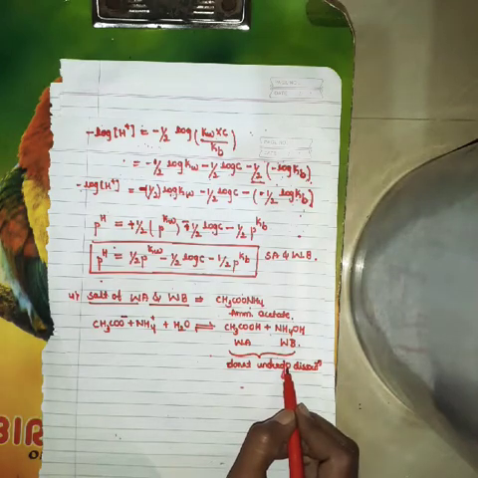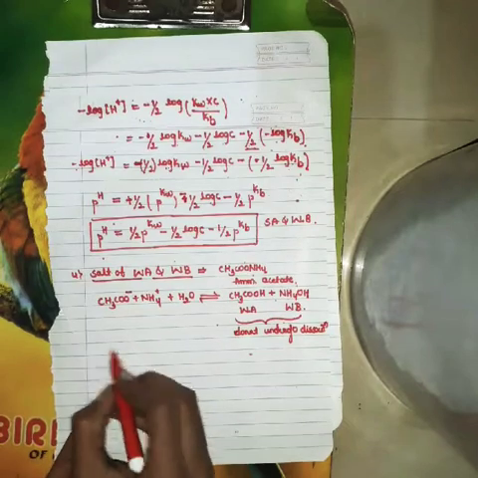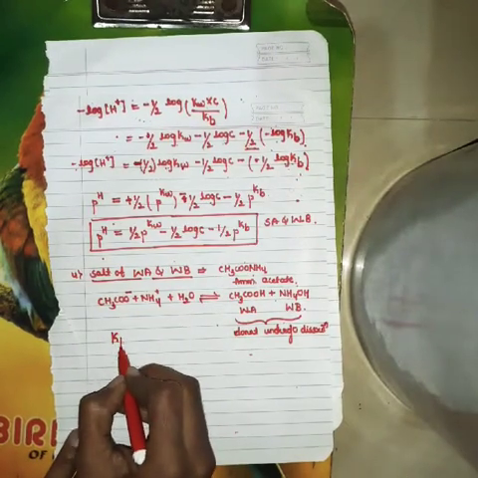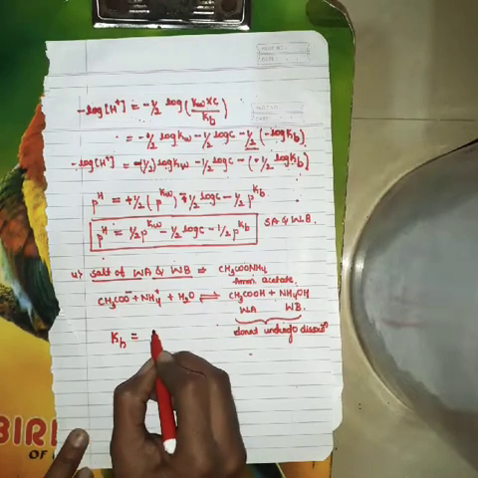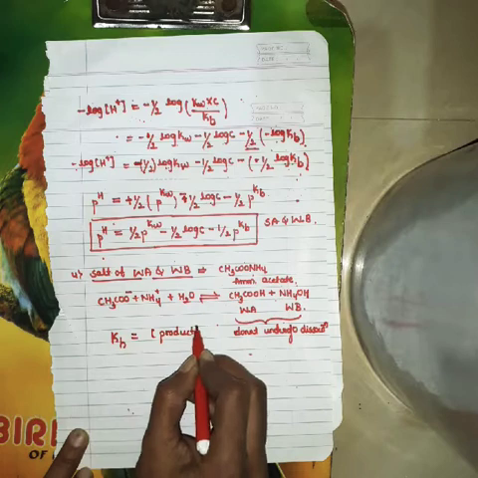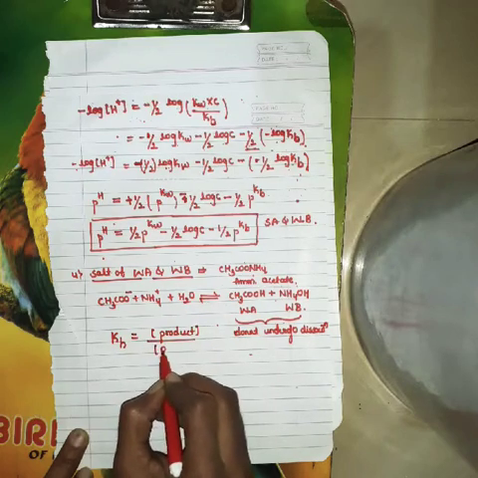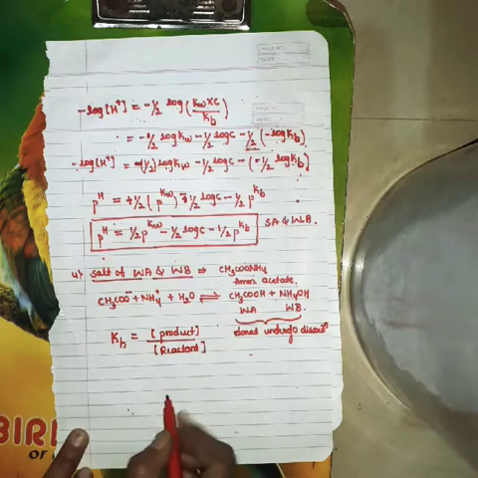Then we continue by using this equation. We want to calculate the hydrolysis constant. Hydrolysis constant means concentration of products divided by concentration of reactants.